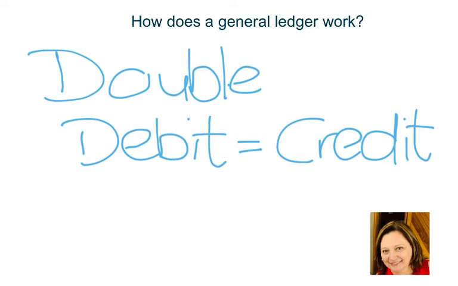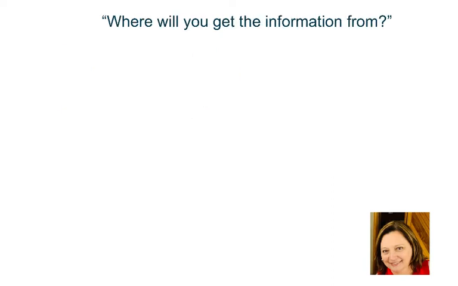Now, where do you get the information for the general ledger from? We will look at that on the following page. You will remember our first step in the accounting cycle was the transaction.